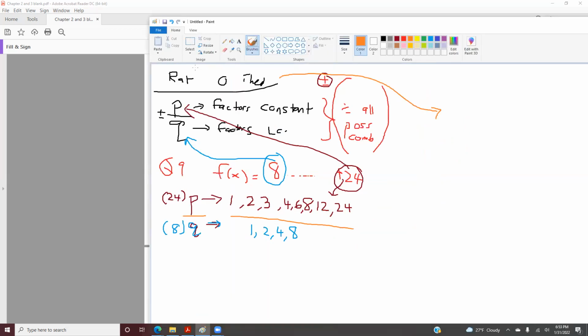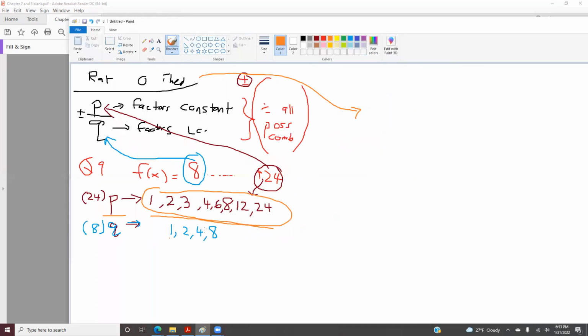So what I do in this case is divide everything on top here by 1. So all these divided by 1, you will get 1, 2, 3, 4, 6, 8, 12, and 24.